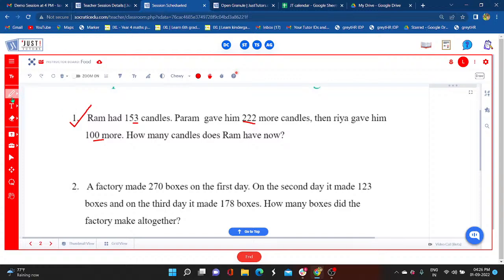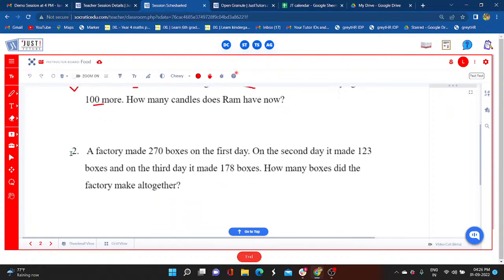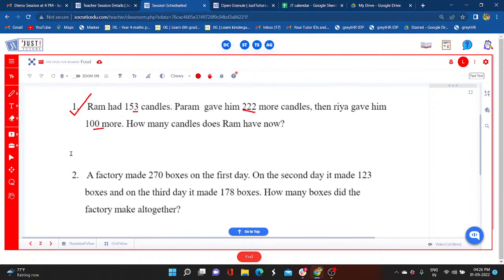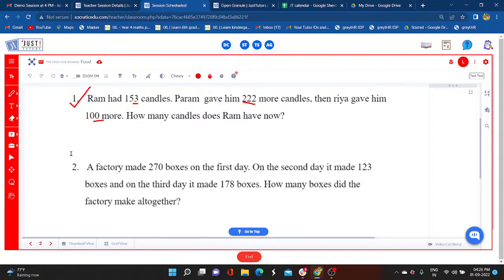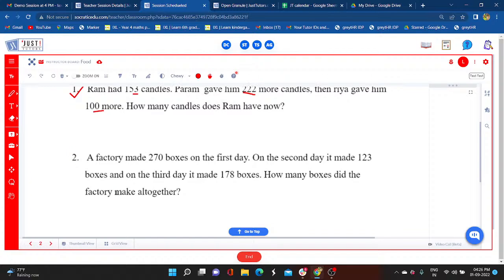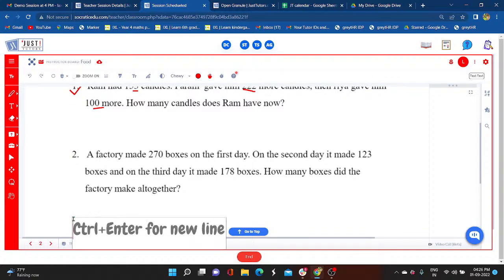So we can first start with writing the statements, as these are word problems, so we need statements, right? So what would my first statement be? Number of candles Ram had.